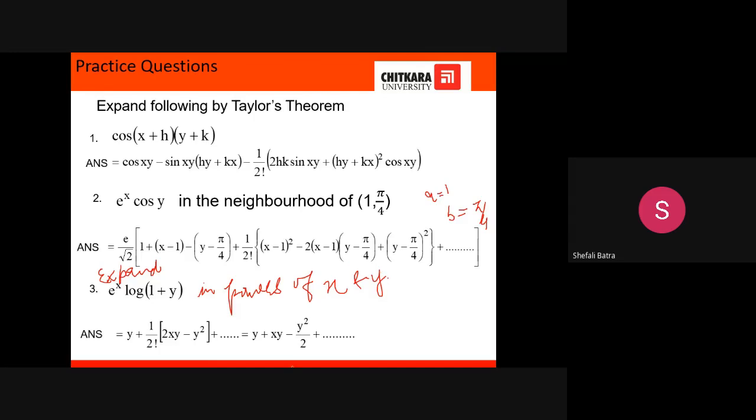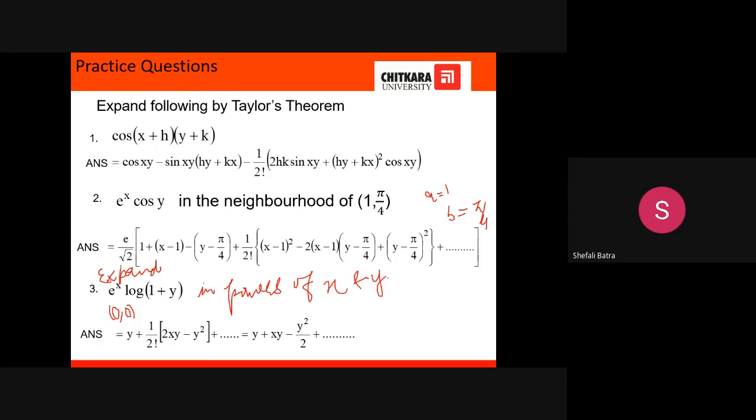Either the question comes in this form, expand this function in powers of x and y, or obtain the Maclaurin series for this function. Both are the same thing. Third, expand this function in the neighborhood of the point 0, 0. In all three questions, the solution would be the same. Again, I'm repeating.